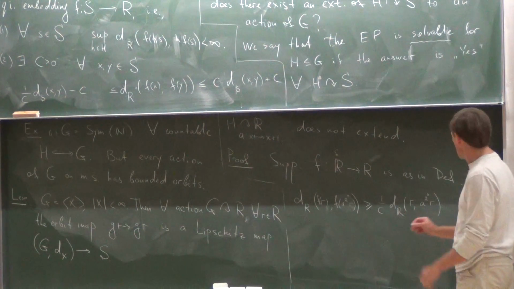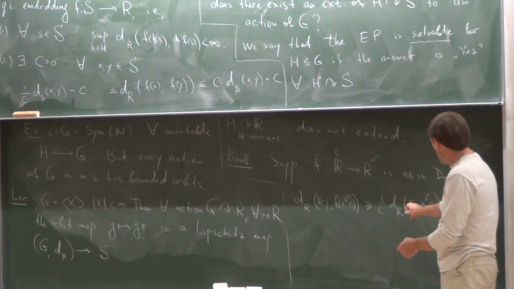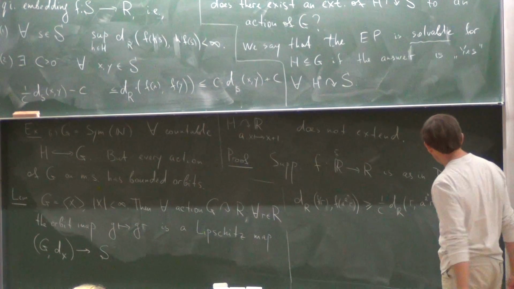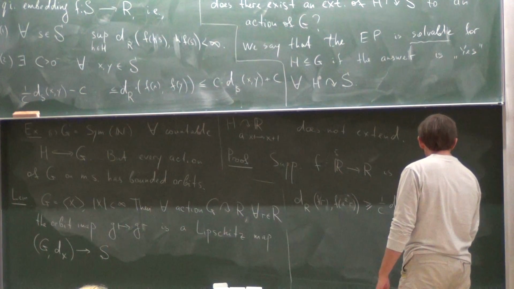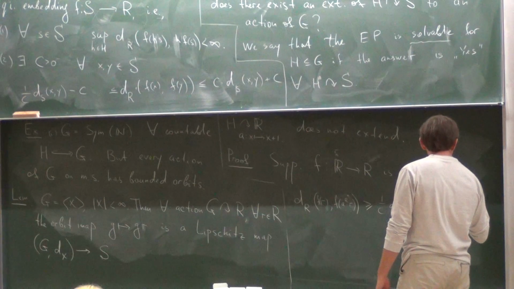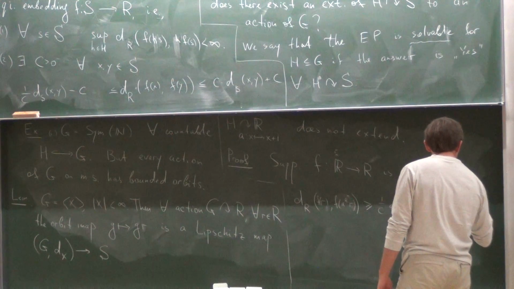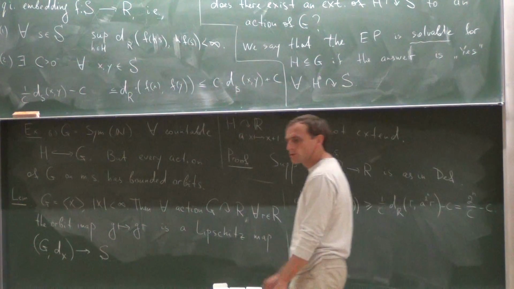And remember, minus c. R acts by translations, so this distance is 2 to the n. So this is at least 2 to the n over c minus c, so it grows exponentially.